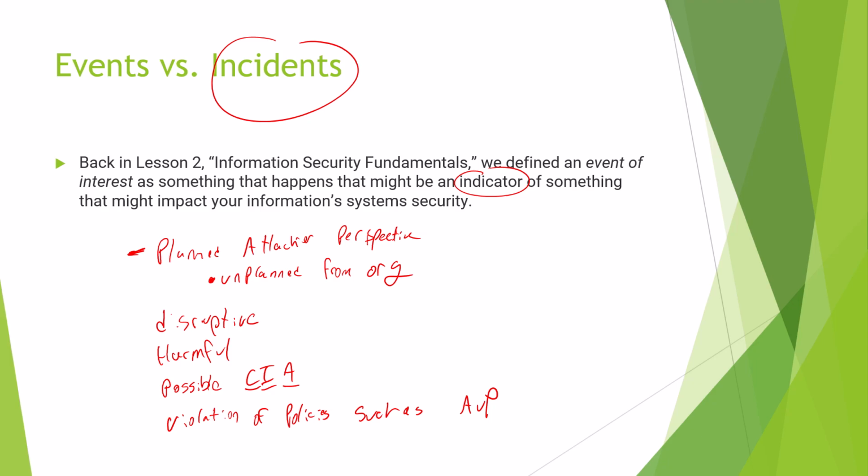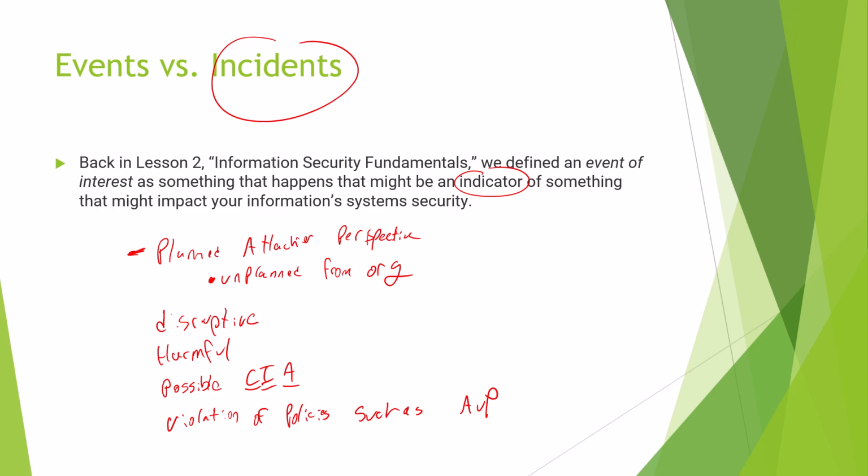The incident is a planned attack from the attacker's perspective that leads to unplanned events from the organization. They're disruptive, harmful. They are possibly dealing with the CIA, confidentiality, I for integrity, A for availability, and it will violate some form of policies such as the acceptable use policy.